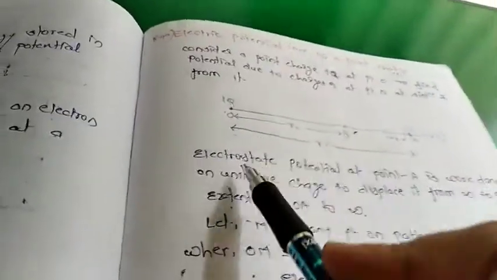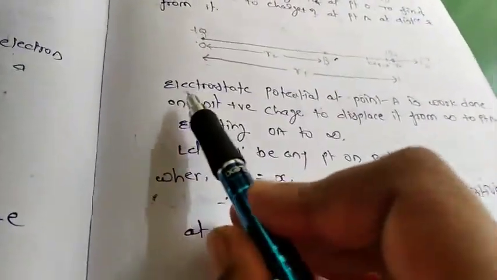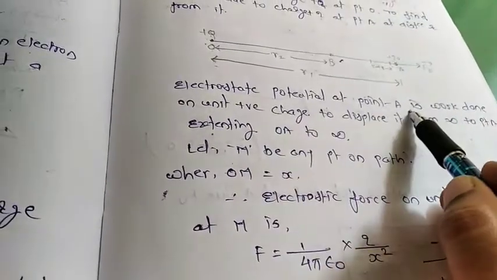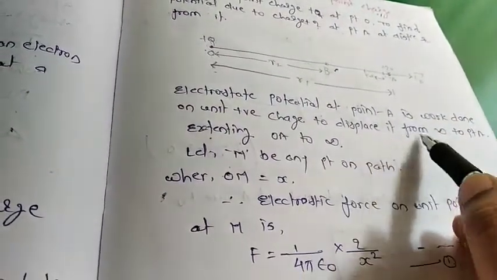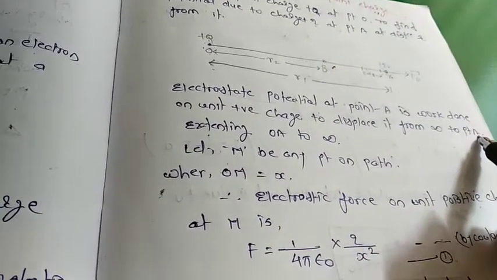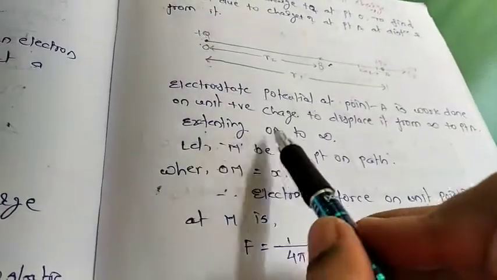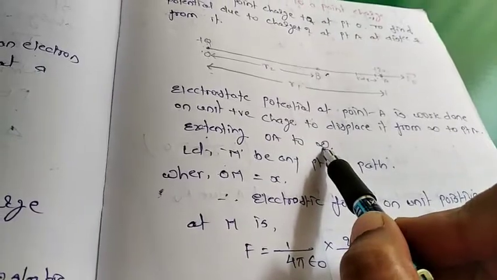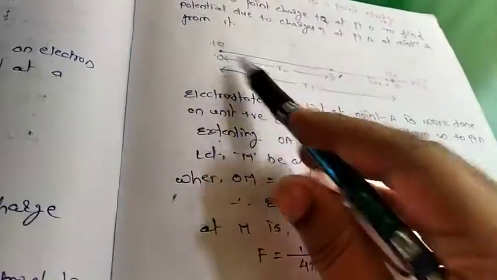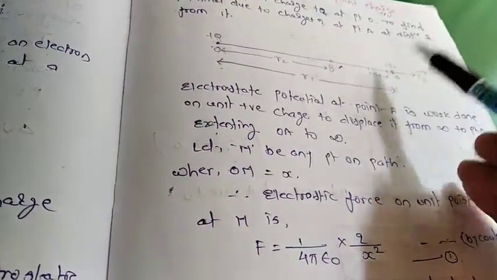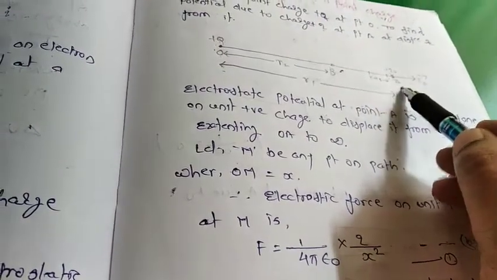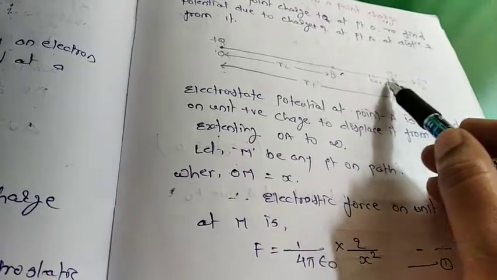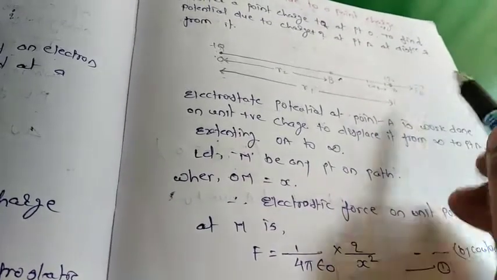Then let us see. Electrostatic potential at point A is the work done on a unit positive charge to displace it from infinity to point A, extending OA to infinity. When we consider the figure, the point charge is given at the point A, but we can consider it up to infinity.